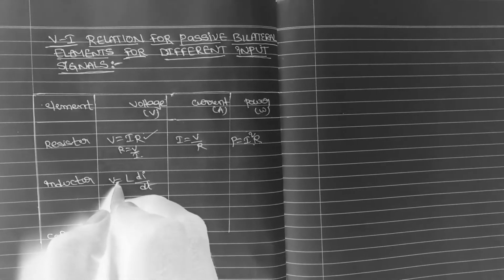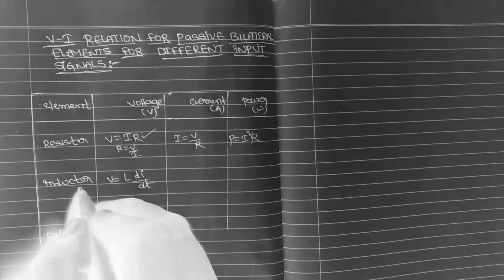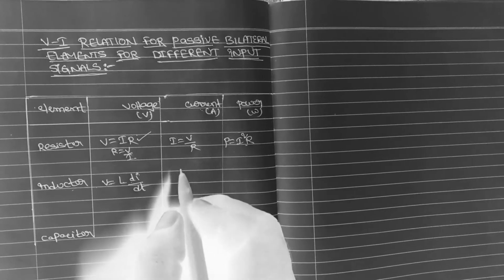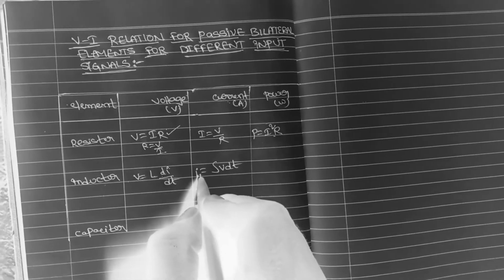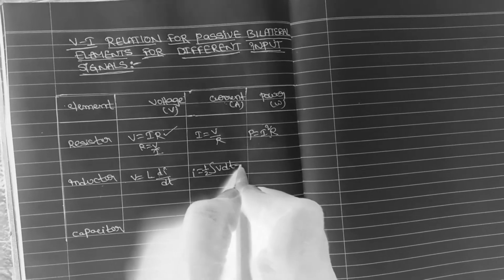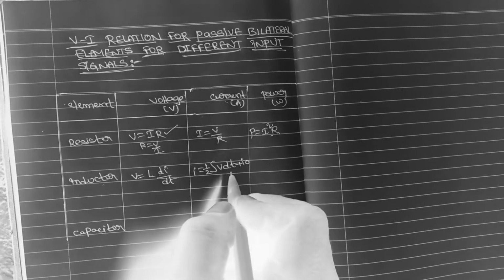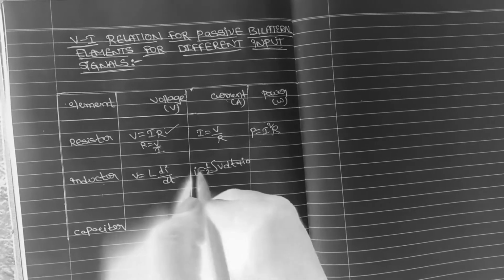That is the voltage equation of the inductor. And for the current expression, we represent I is equal to 1 by L into integral V dt plus I naught, where I naught is the initial current in the inductor.